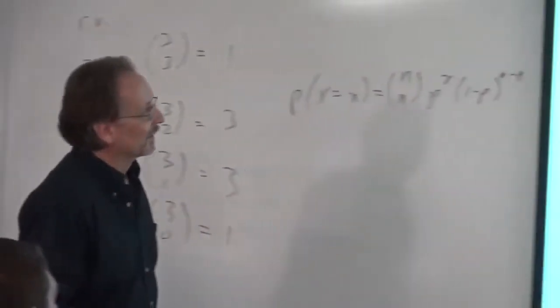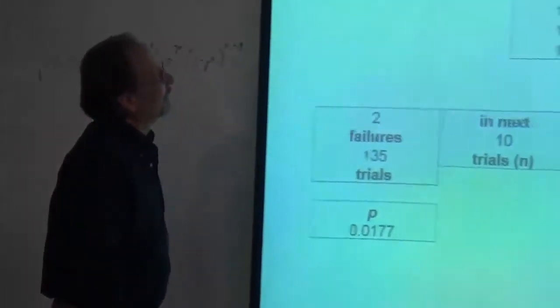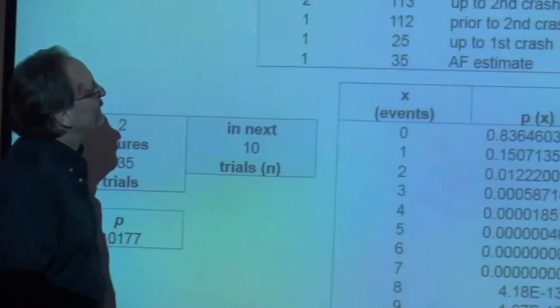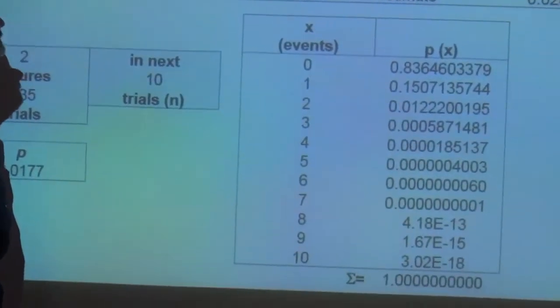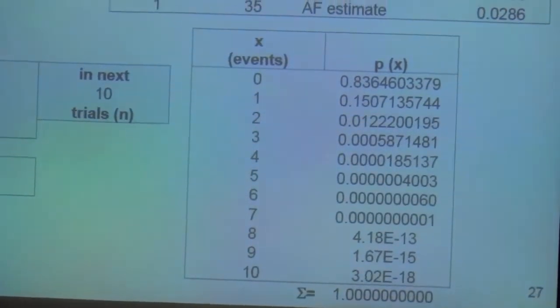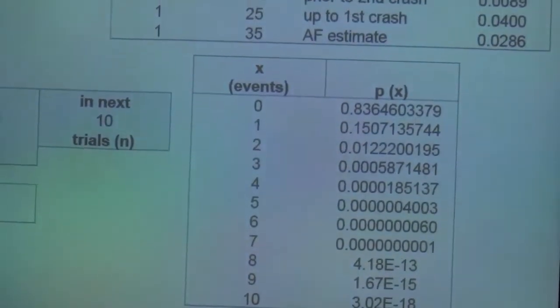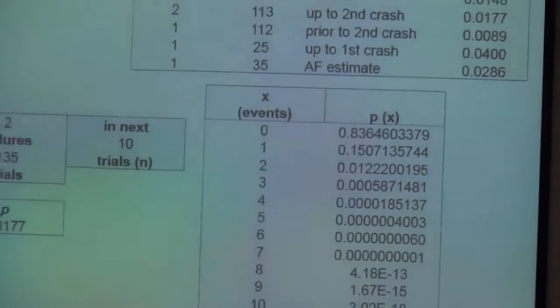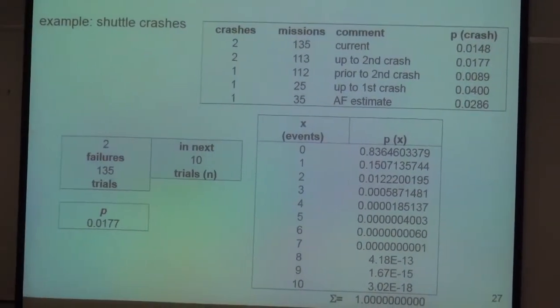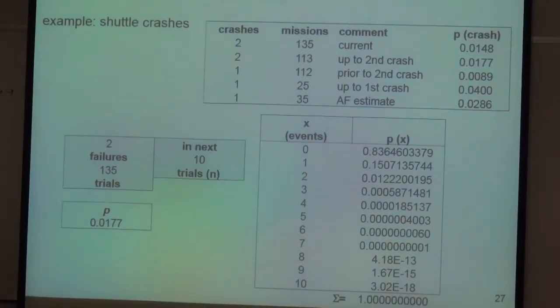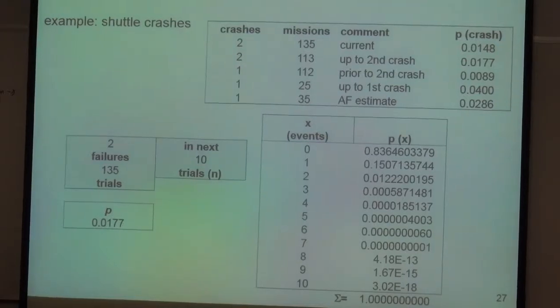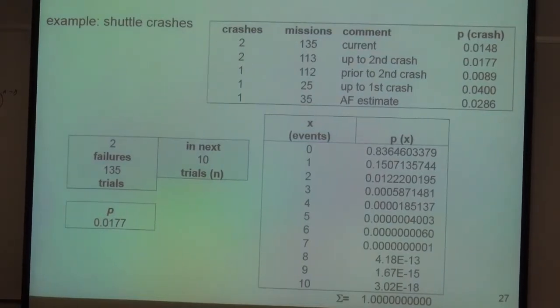Now, I'll give you a little bit of time to think about it. As was so diplomatically pointed out to me last semester, the probability of crashing the next shuttle mission is 0 because there are no more shuttle missions. Well, let's assume that there are, for the sake of the example.